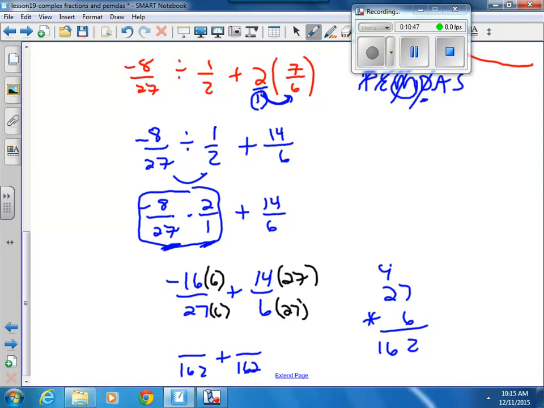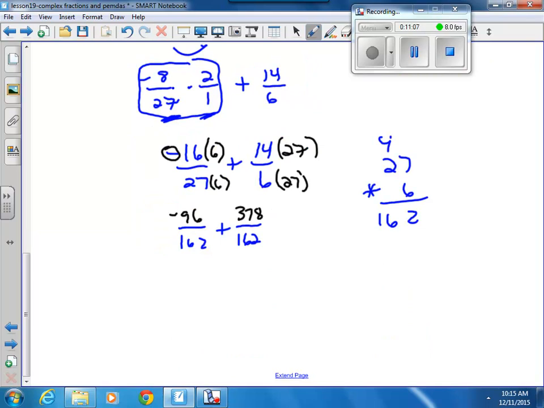So 16 times 6 is 96, but it's negative. See, negative times a positive. So negative 96 plus, and 14 times 27 is 378. And voila, we're almost cooked. So negative 96 plus 378 is 282.